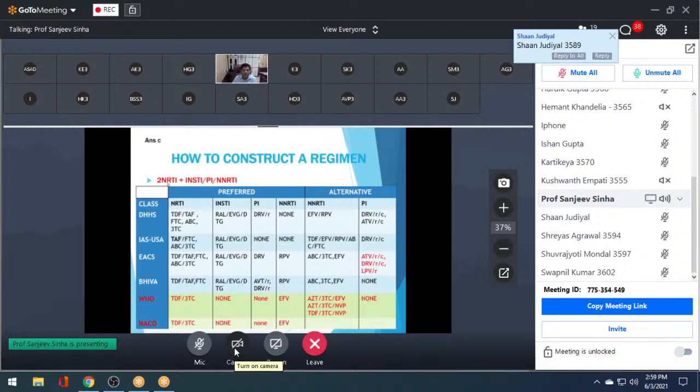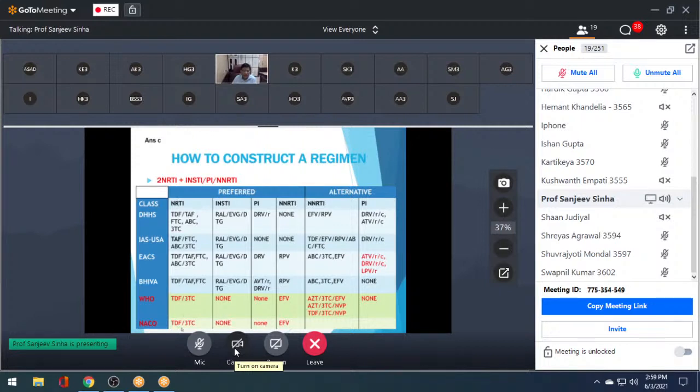We generally start with 2 NRTI plus 1 NNRTI, or we start with 2 NRTI plus 1 protease inhibitor. There are classes like this. You can see here, I emphasize more on the Indian NACO or WHO guideline.